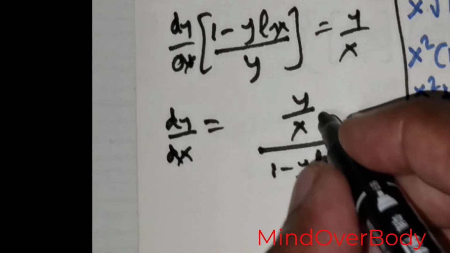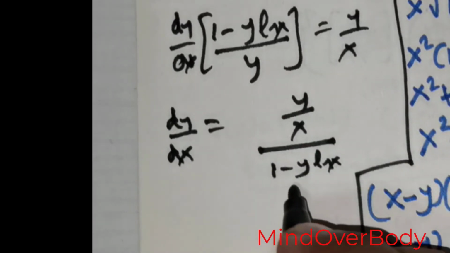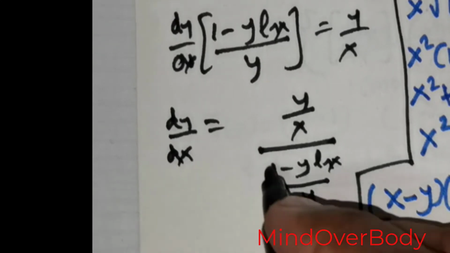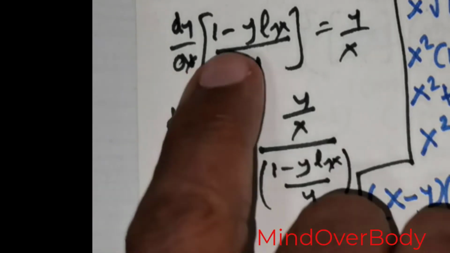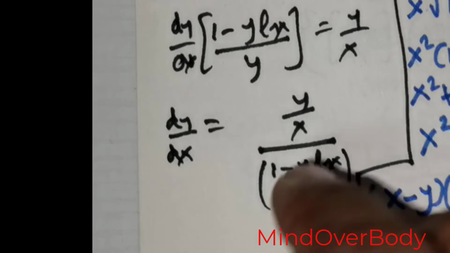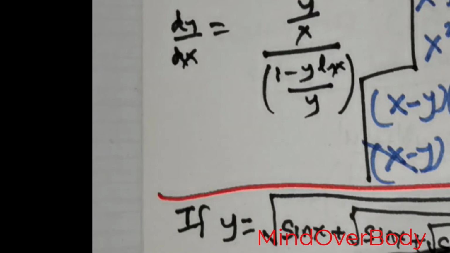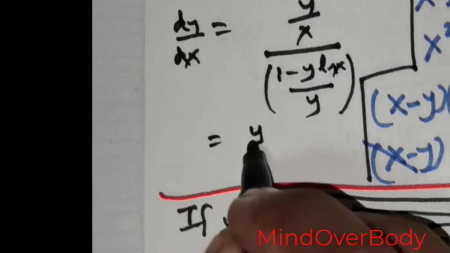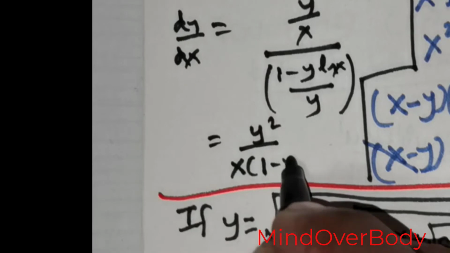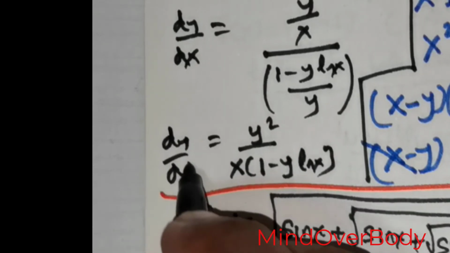Because I'm pushing it down and I get this quantity, if I were to flip it up, this y would go to the numerator. So that would give me y squared divided by x times (1 negative y ln x). So this is my dy over dx.